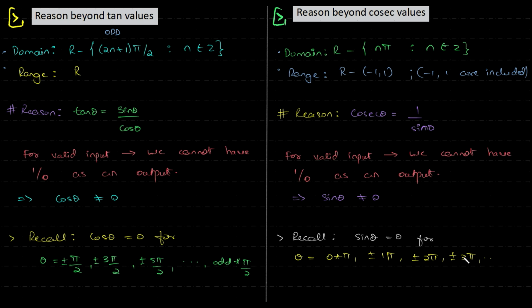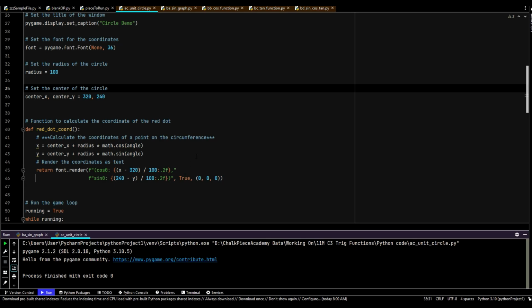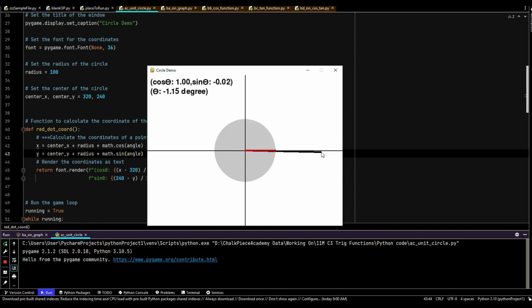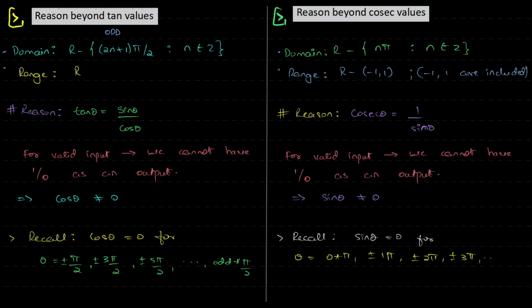So for all integer multiples of pi. That's your 0 pi, 1 pi. You can see again sine is 0 over there. 2 pi, 3 pi, 4 pi, 5 pi, and so on. So that would be your reasoning. Understood?